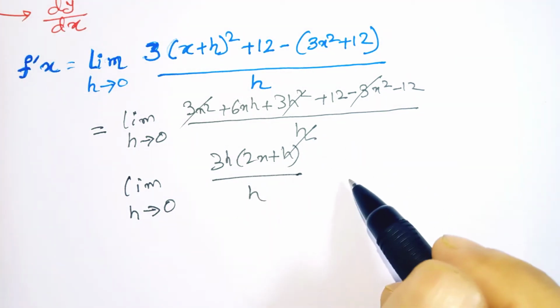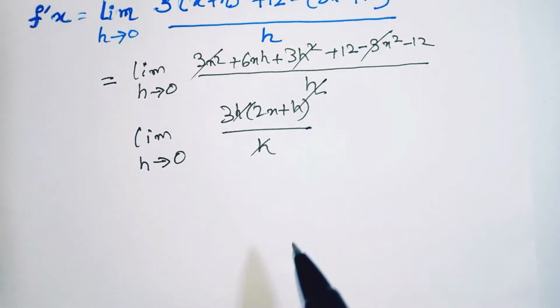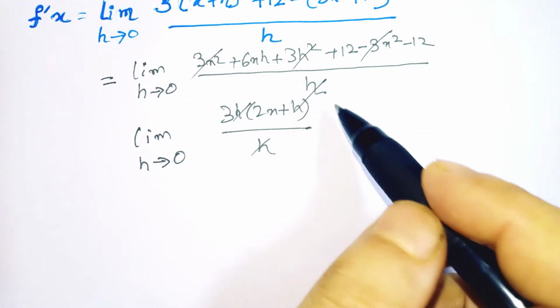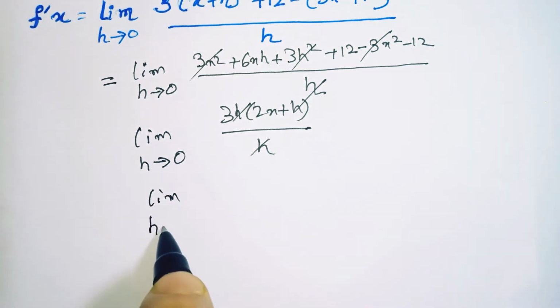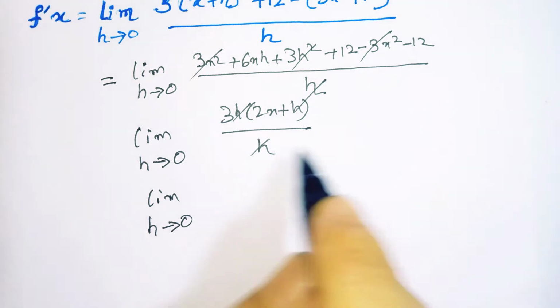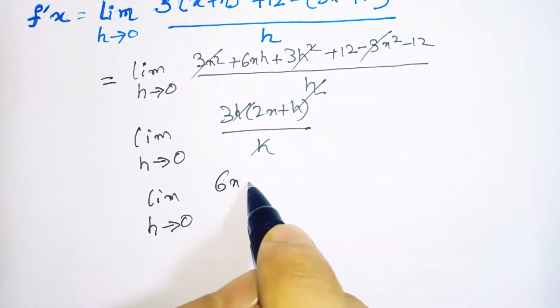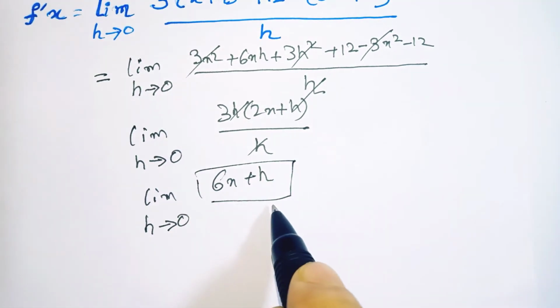So I'm rewriting it once more. This h gets cancelled out, so I can write the limit of h moving towards 0 of 3 times (2x plus h), which is 6x plus 3h. So this would be the final expression.